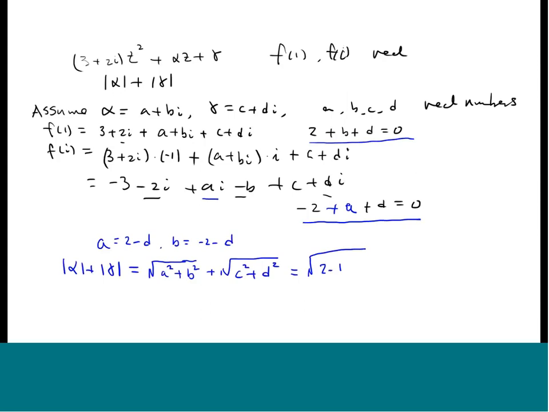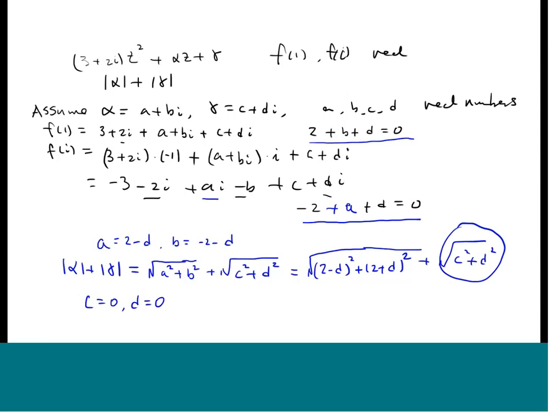So 2 minus d square plus 2 plus d square, plus square root of c square plus d square. This thing wants to be minimal, so I have to expect c equals 0, d equals 0. Okay?